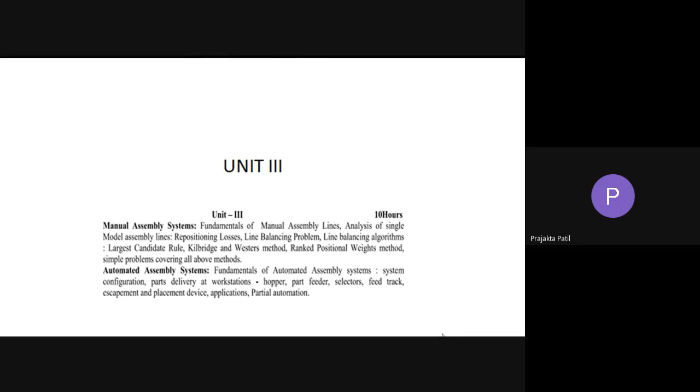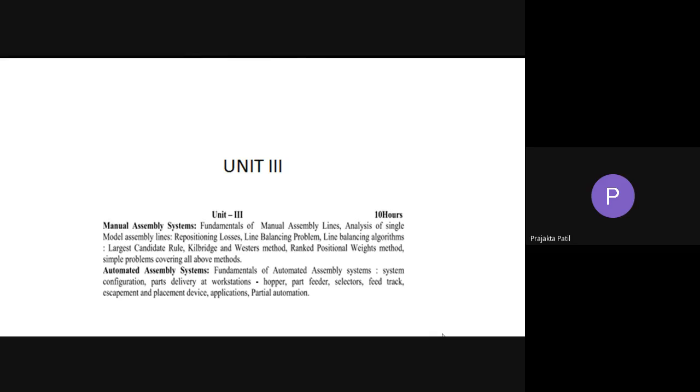So to start with, we'll start with what this manual assembly line is. Everybody, I hope, understands what we mean by an assembly operation. We have known what production operations are, where some task is performed on the part in order to convert it from a raw material to a finished product.